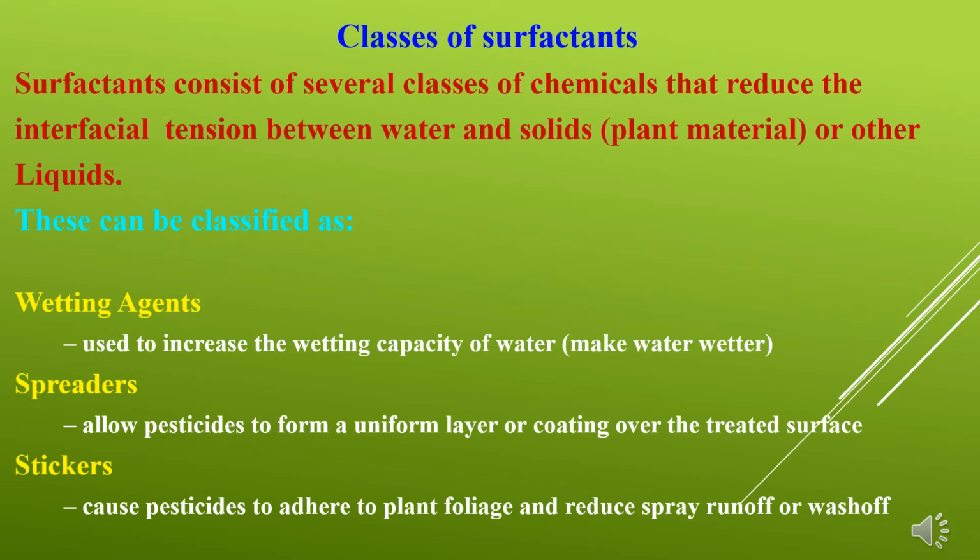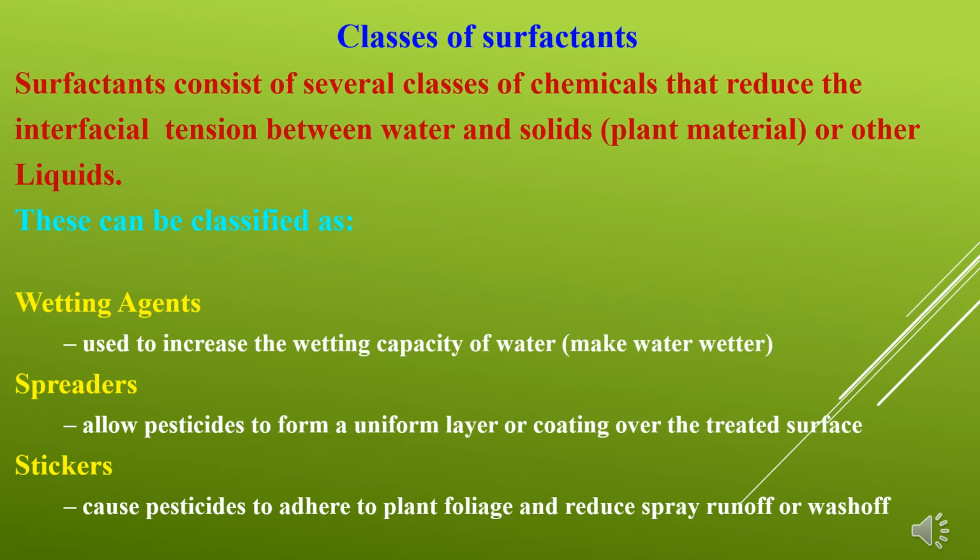Now we will go through classes of surfactants. Surfactants consist of several classes of chemicals that reduce the interfacial tension between water and solids, meaning between plant material or other liquids. Surfactants can be classified as wetting agents, spreaders or stickers.